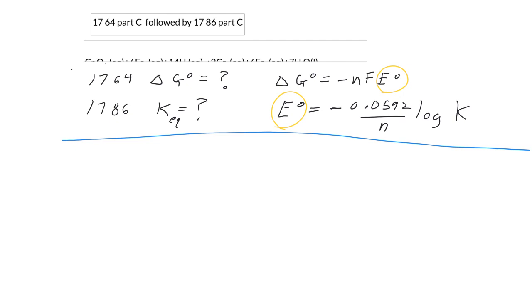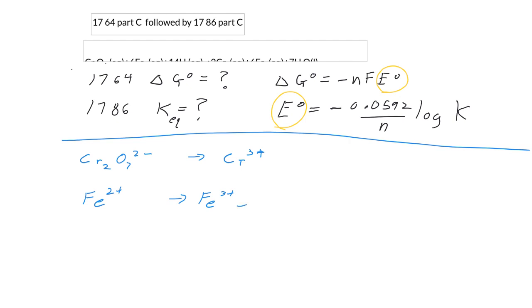So let's write our half reactions, and this is where a lot of people find the problem a little bit difficult. It boils down to that balancing that we did last semester. We've got dichromate ion going to chromium 3+, and then we have iron 2+ going to iron 3+.